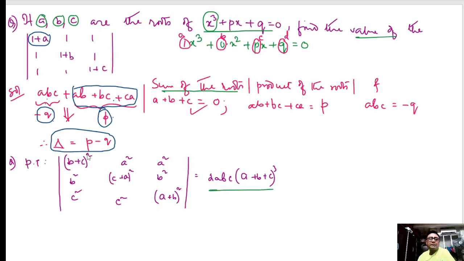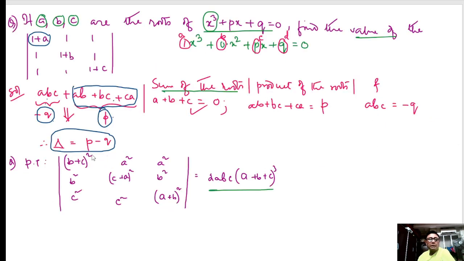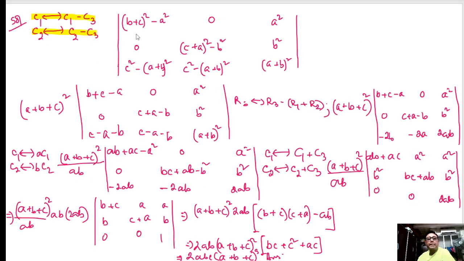Please watch here. What is the operation we are using? C1 minus C3 and putting it in C1. So we get it like this here.